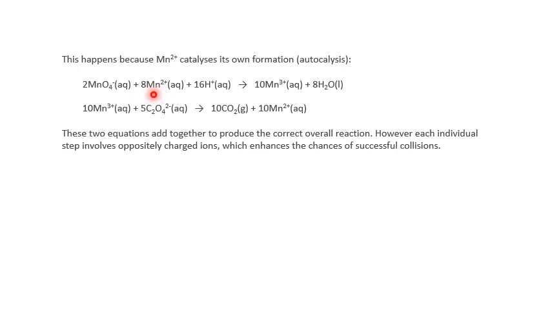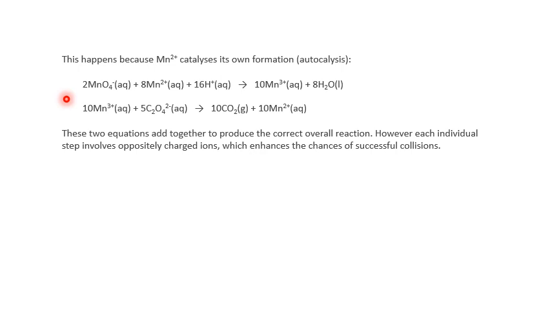So having formed a bit of Mn2+, the manganate can then oxidize it to form a little bit of Mn3+ in this first reaction. And then the Mn3+ will in turn react with the ethane dioate and oxidize it and revert to being Mn2+. So overall, the Mn2+ is being a catalyst, because it's used up in the first reaction and regenerated in the second one.